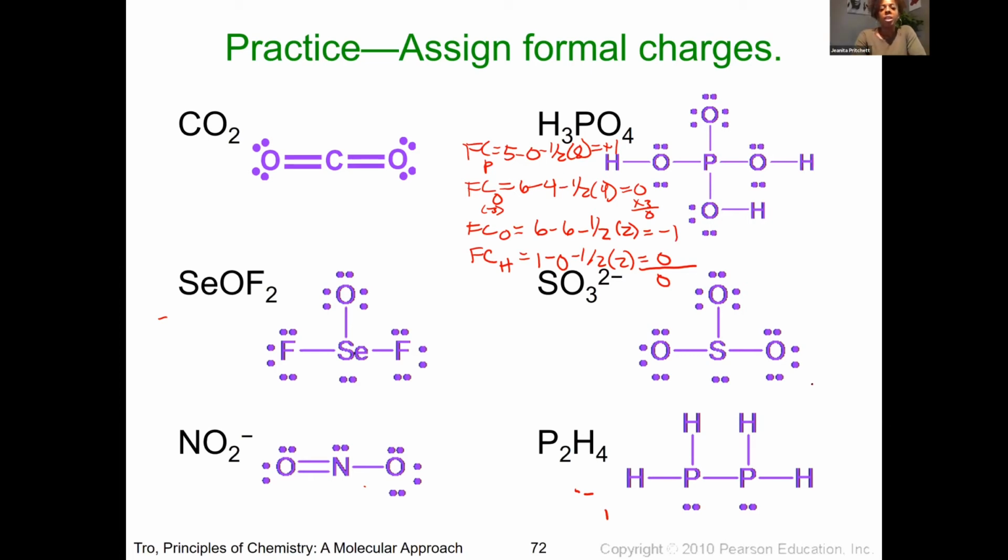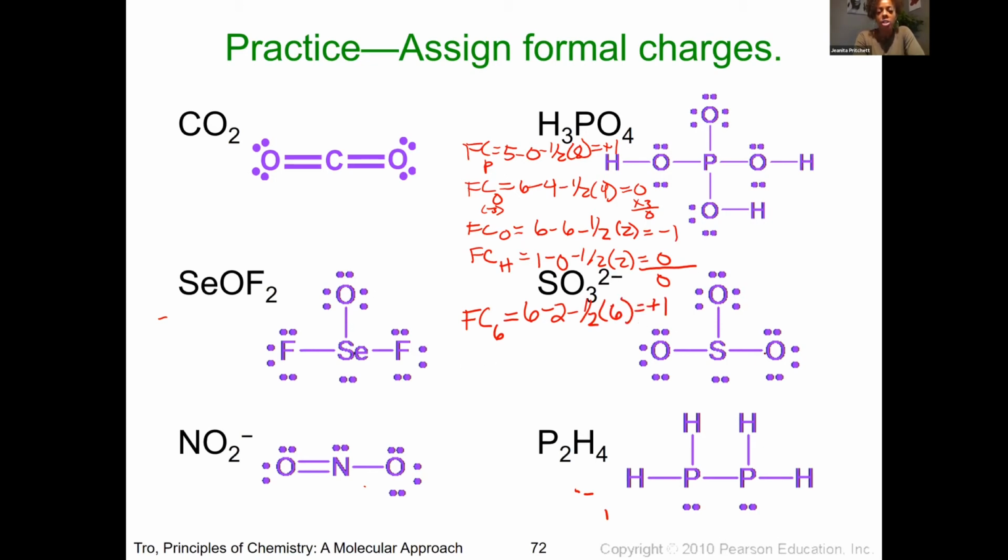All right, moving down to the next one. And remember, with this one, we showed this option, but we also had an option with a double bond. I'll just work through the calculations here, and you'll see at the end all of the answers. So we have the formal charge of sulfur in this case. So that would be 6 minus 2 minus 1/2 of 6 gives us +1.